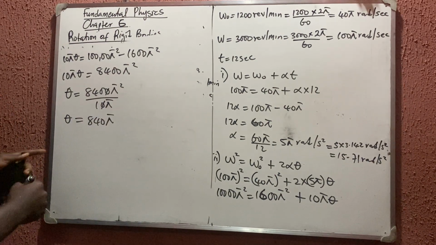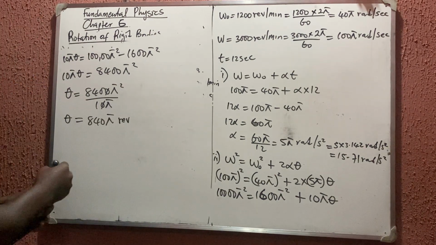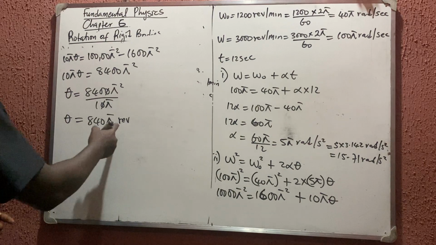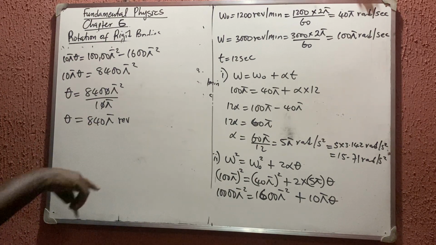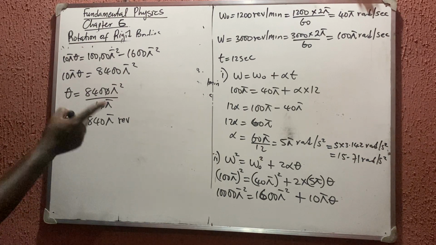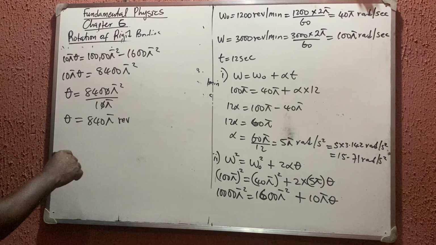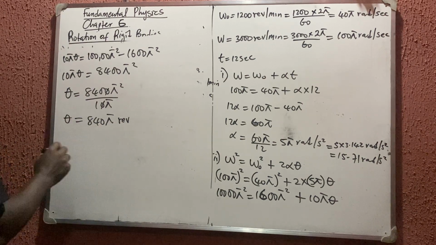Since there is pi in it, I'm going to use revolutions. But I know that a complete circle, a complete revolution, is 2 pi. So I'm going to divide this by 2 to get the number of revolutions.